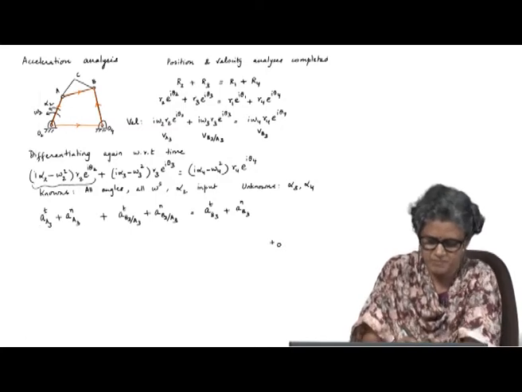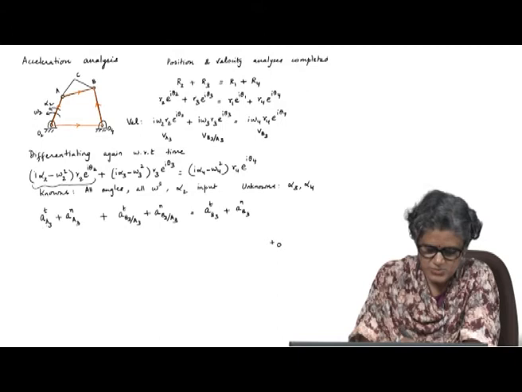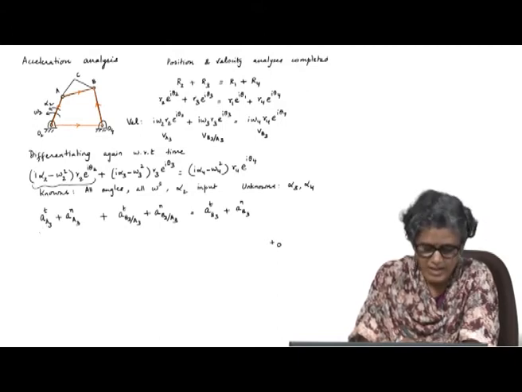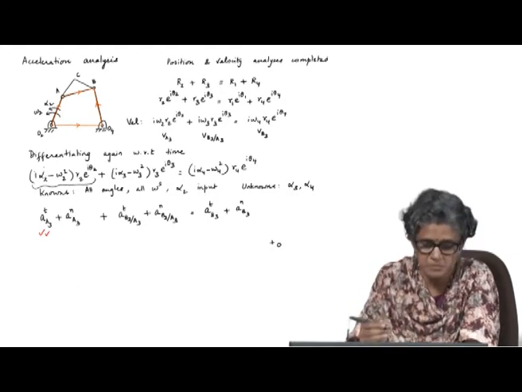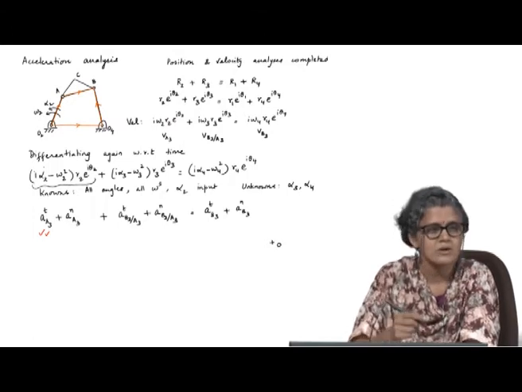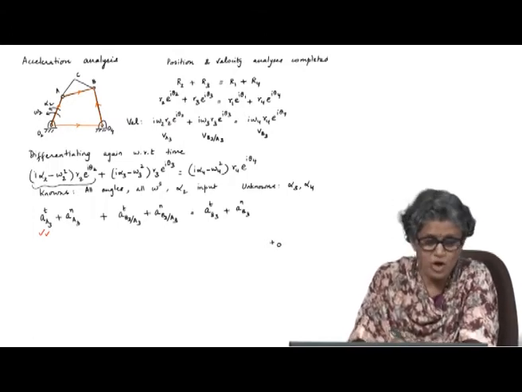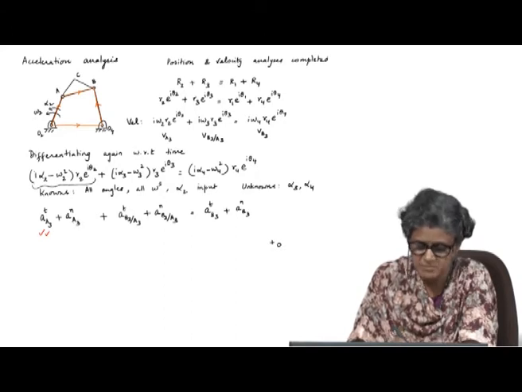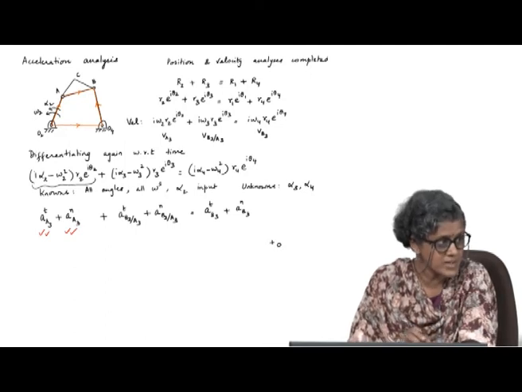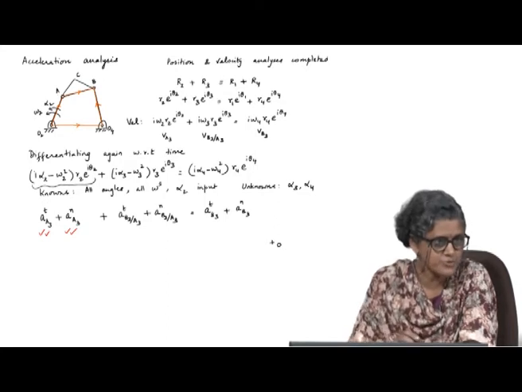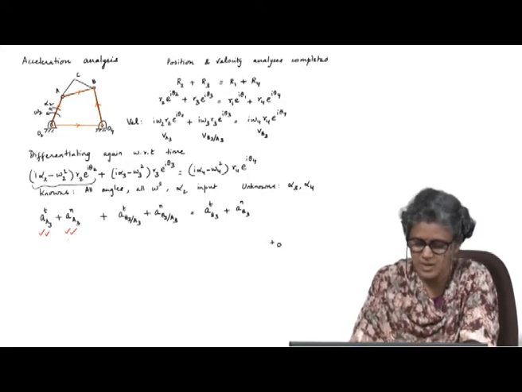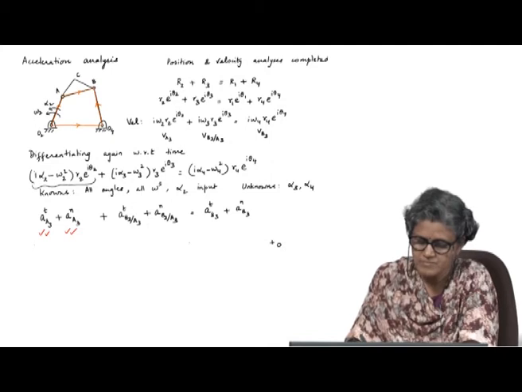In this equation, this one, I know the magnitude, I know the direction, because alpha 2 is known and the direction is perpendicular to O2A. The normal component again is completely known because it depends only on omega 2 here, because this is equal to the acceleration of A on body 2. Those 2 points are always coincident.